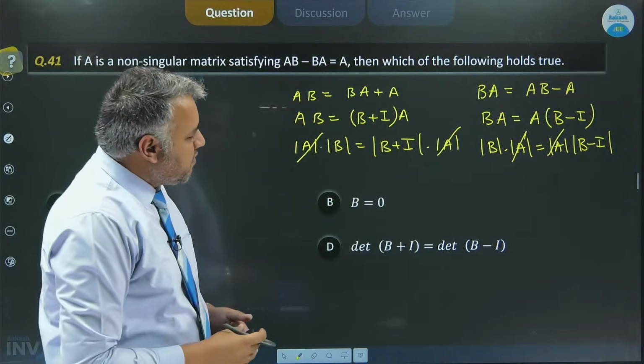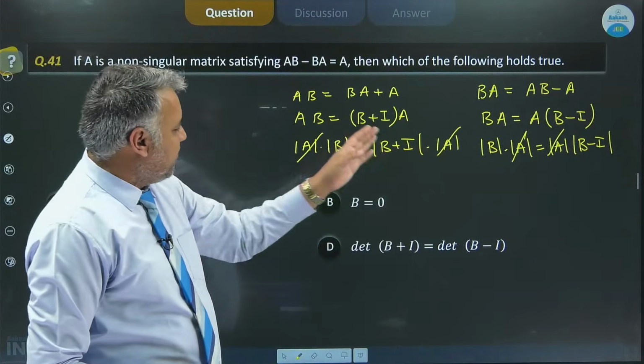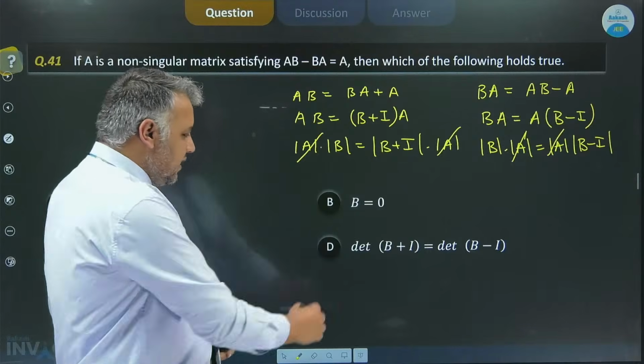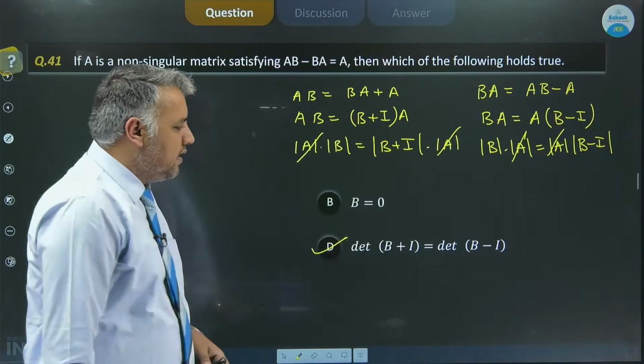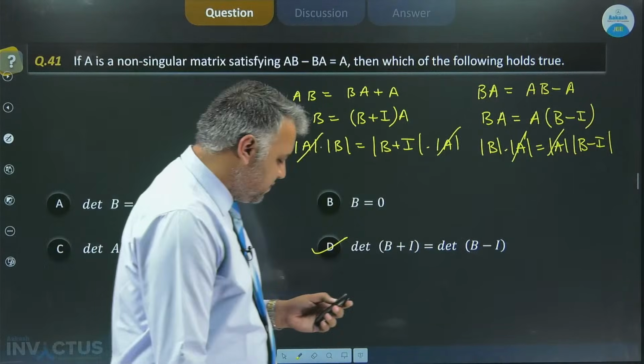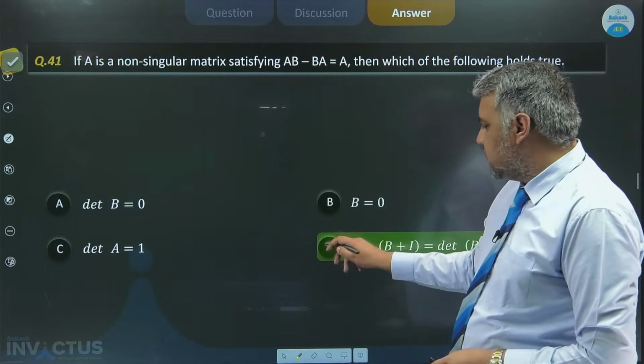So determinant B from here we get determinant of B minus I, and from the earlier result determinant of B is determinant of B plus I. So that means we can say that determinant of B plus I is equal to determinant of B minus I. So option D must be correct. Yeah, option D is correct.